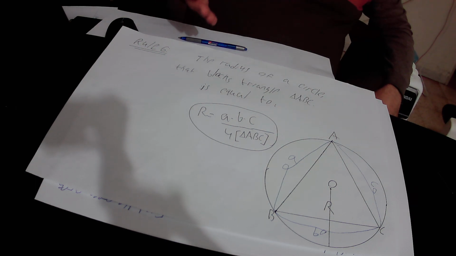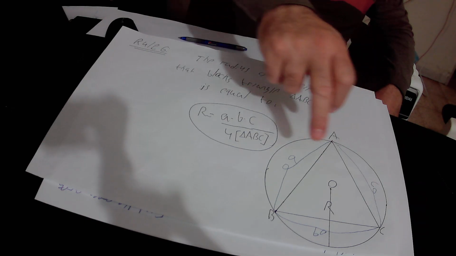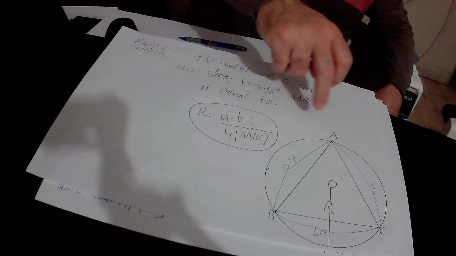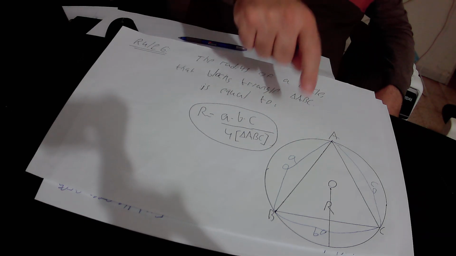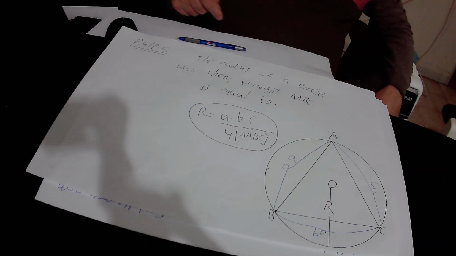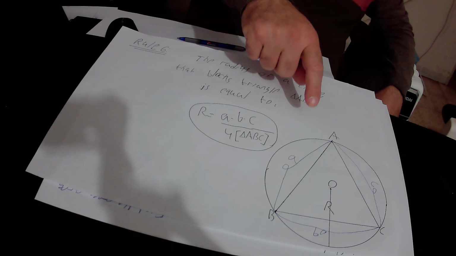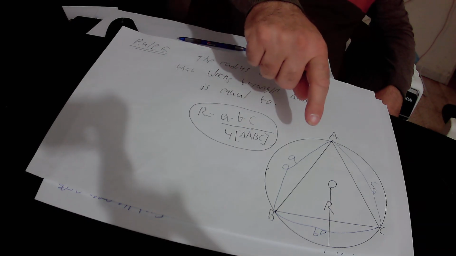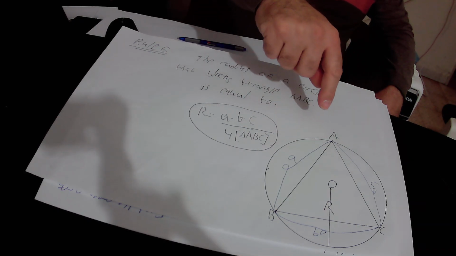So according to rule number 6, the radius r of this circle that blocks triangle ABC equals A times B times C, the multiplication of the side lengths, over 4 times the area of this triangle ABC.